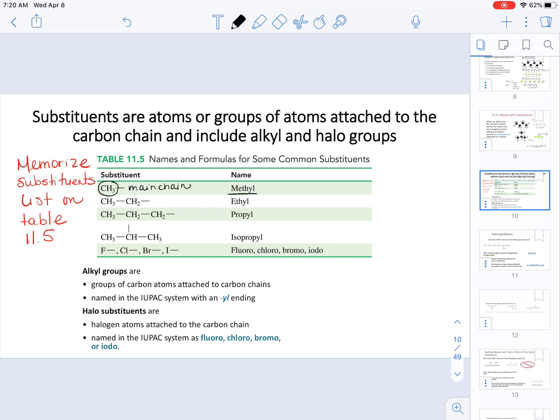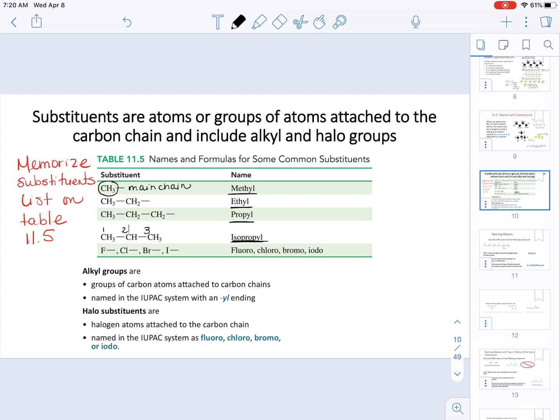If we have 2 carbons in a row, the last carbon, which is a CH2, will be bonded to the main chain, and that is known as an ethyl group. 3 carbons in a row, if the one at the end, that CH2, is bonded to the main chain, that is known as a propyl group. If you still have 3 carbons, but now the attachment to the main chain is through the second one, that is known as an isopropyl.